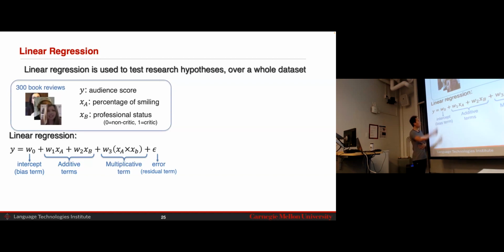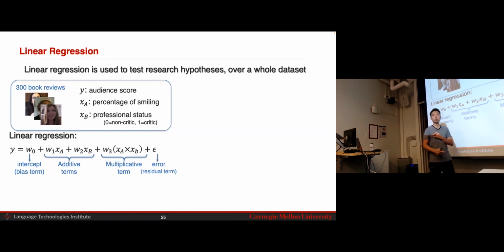For example, I'm going to give a real world data set. Let's say this data set consists of people speaking in front of the camera and they're reviewing a book. I'm going to collect two features. The first feature, XA, is the percentage of the time the person is smiling while giving that review, from 0 to 100% of the time smiling. The second feature, XB, is a binary feature, whether a person is a book critic, 1, or not a book critic, 0.